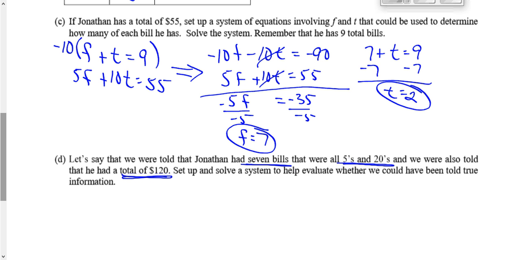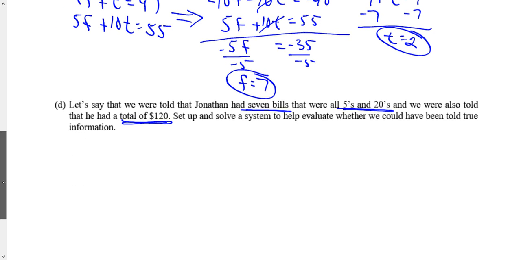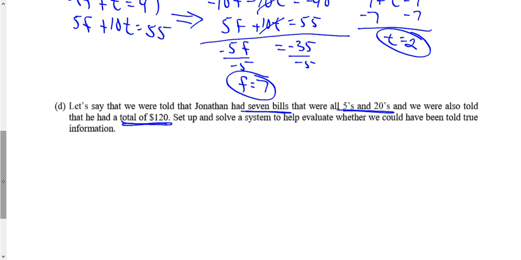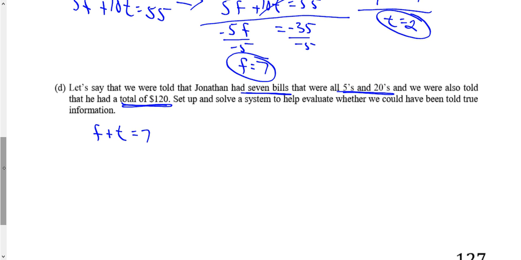Hey, Serenity, you want to give us your two equations? The top one, F plus T equals 7. What about the other equation? 5F plus 20T equals 120.